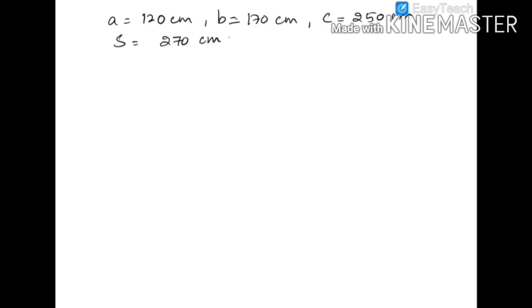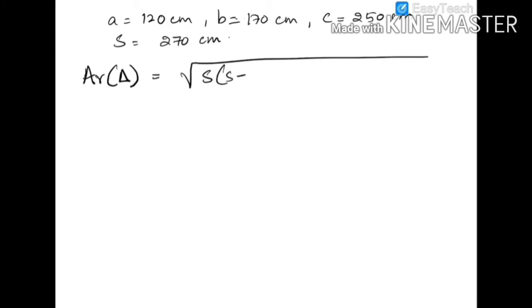Now using this data, we can find out area of this triangle. Write down the formula. Square root of s into s minus a into s minus b into s minus c.